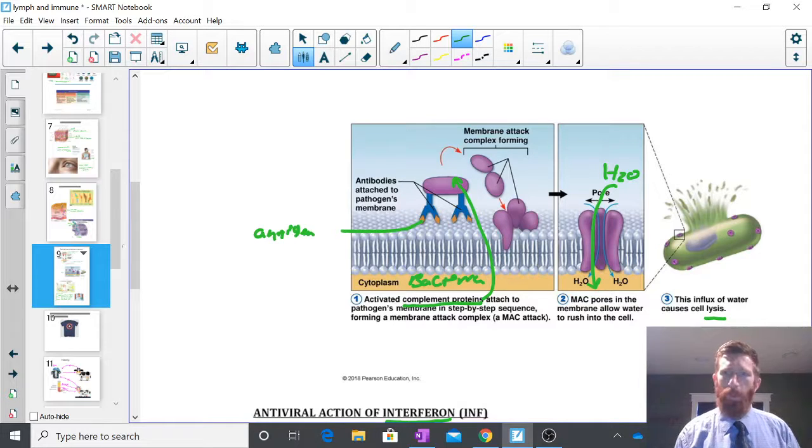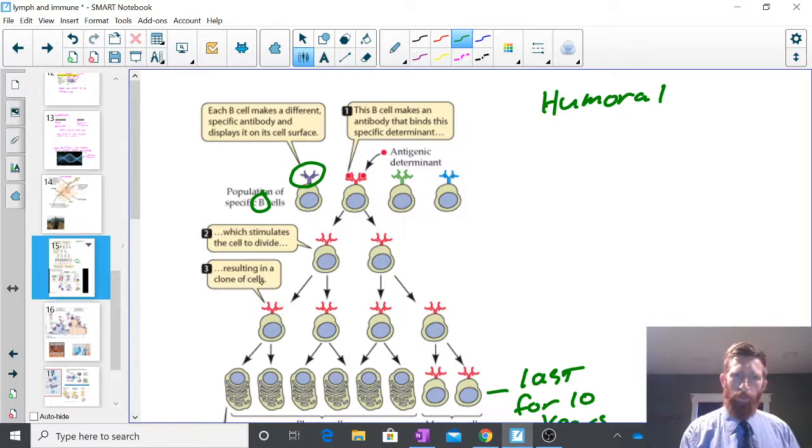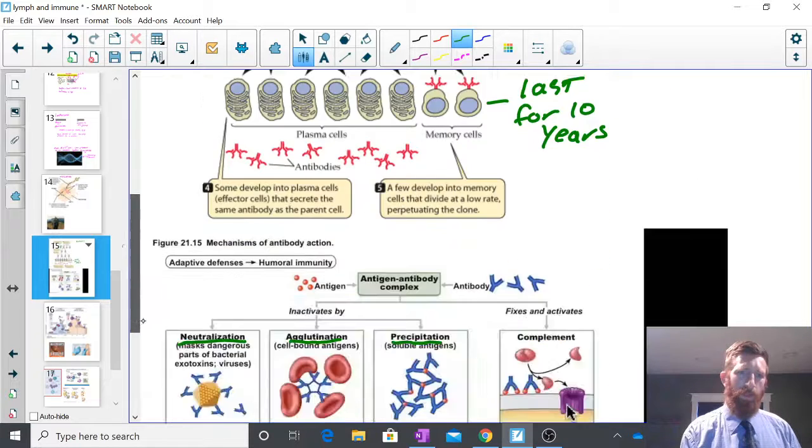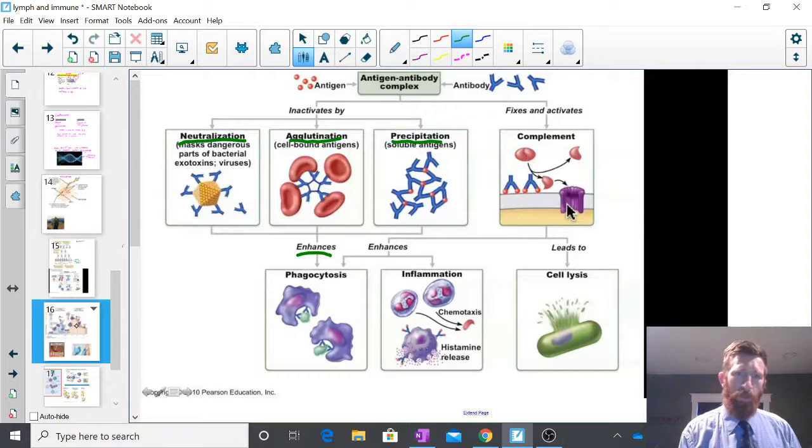There are a lot of solutes inside the cell. Water follows salt, right? All that sort of stuff that we remember from regular biology. So that would be the fourth thing that antibodies do to help protect us. That's basically the overview of the humoral immune system.